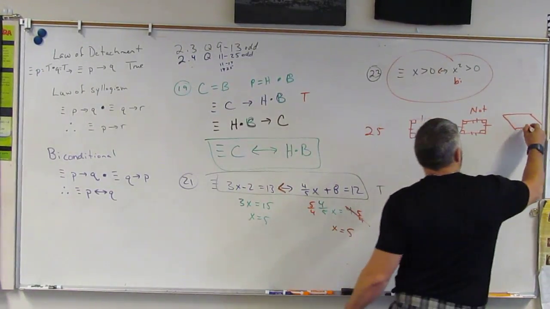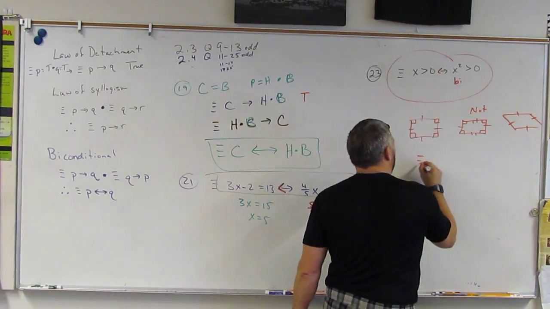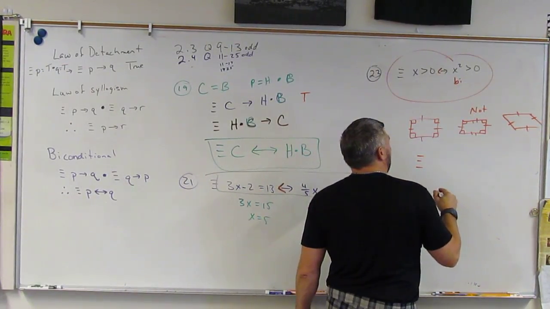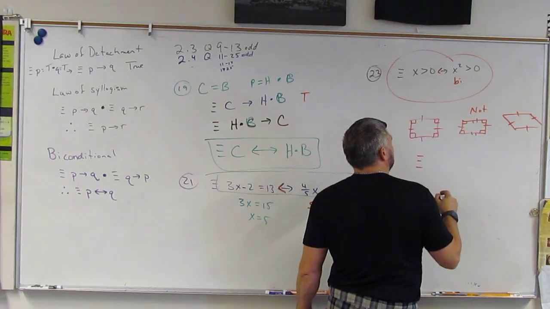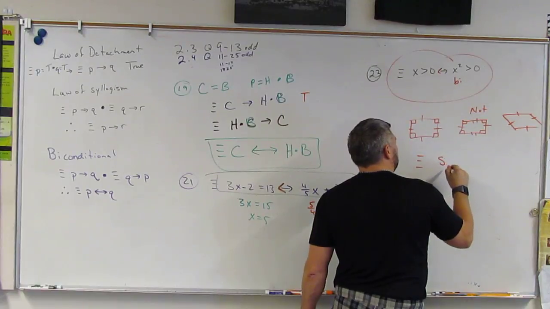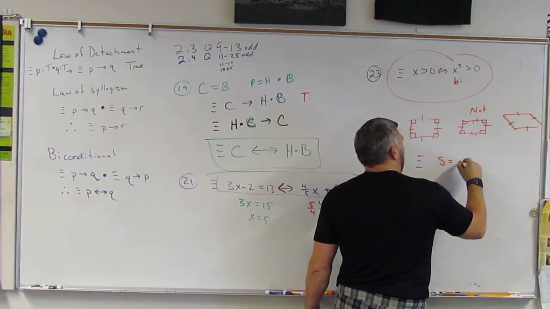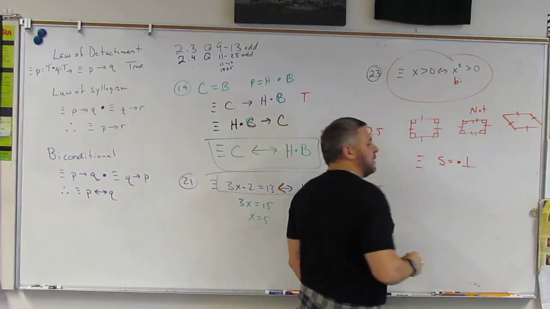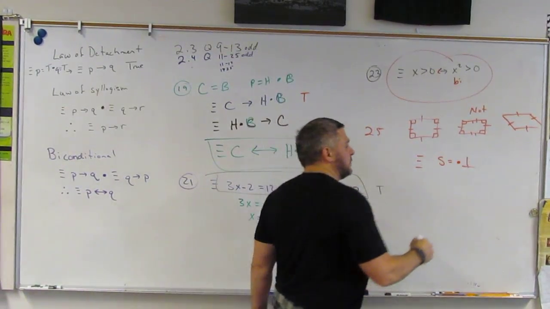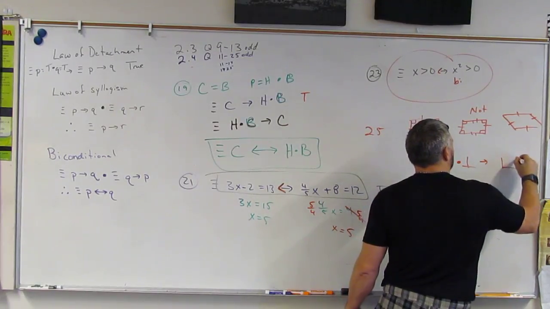So basically, if the sides are equal and they're all perpendicular, then you are a square.